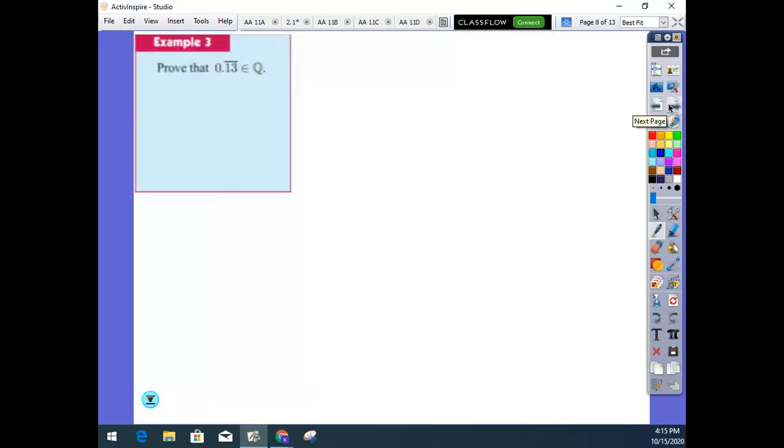All right, so I just got done showing the juniors how to do this using an infinite sum, but I'm going to show you another way with this one. This was the way we always used to do this in pre-algebra. So let's assume that x equals 0.131313 and so forth.